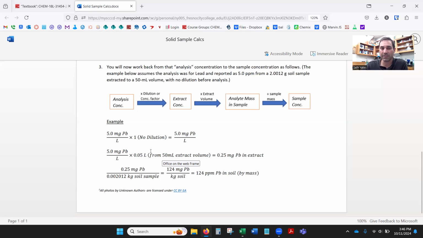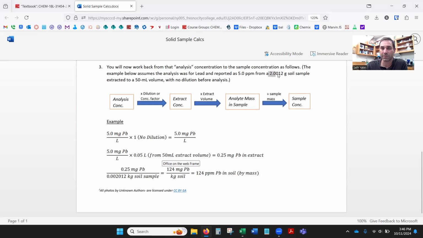That cancels the liters of solution from the bottom of this parts per million unit right here. So that gives us the milligrams of lead in our extract. The 0.25 milligrams of lead then should be divided last by the sample mass.